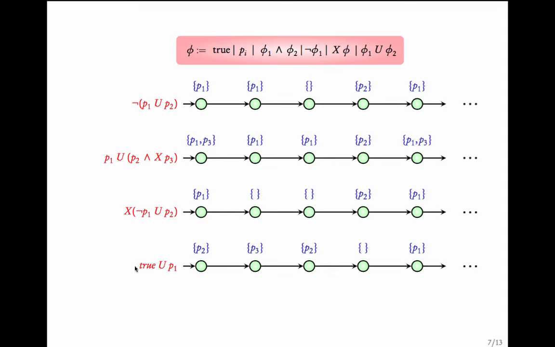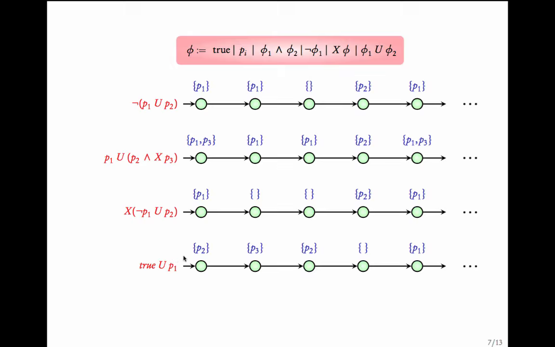Let's now use the expression true. This says that true until P1. This means that some point of time P1 is true, and until that point you don't care what is true.